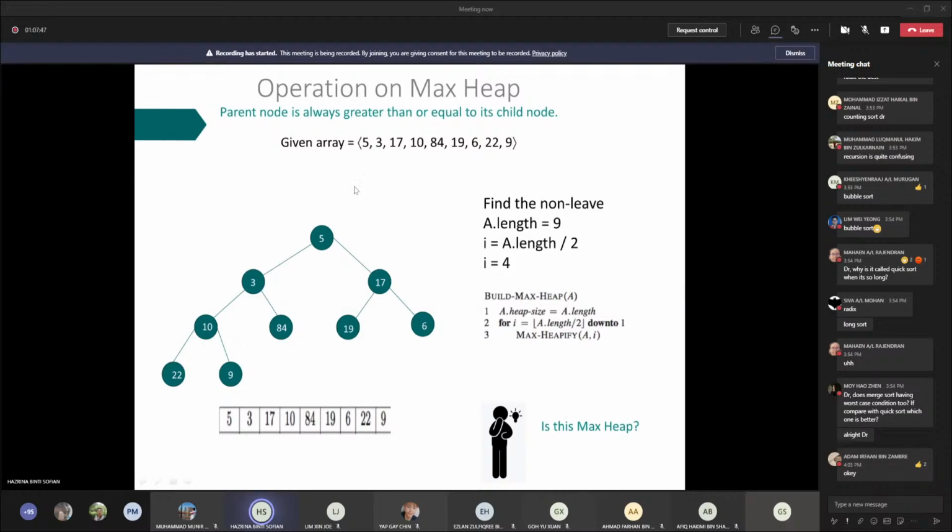So 5 will be the root node. 3 left, 17 right, 10 left, 84 right, 19 left, 6 right, 22 left, 9 right. So this tree and this array correspond to each other. The question here: is this a max heap?